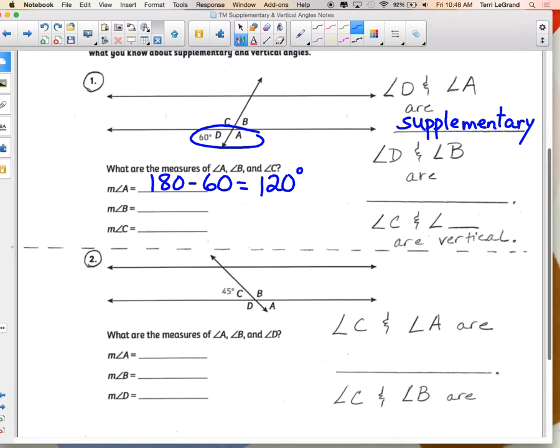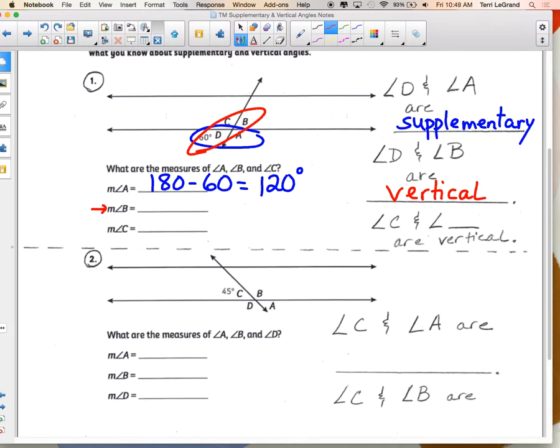Okay, tell me something about the relationship between D and B. D and B. What's these guys' relationship? They're vertical. So they each make a V and they meet at their vertex. Now that we know angle D and angle B are vertical, should we be able to answer the next question, which is what is the measure of angle B?